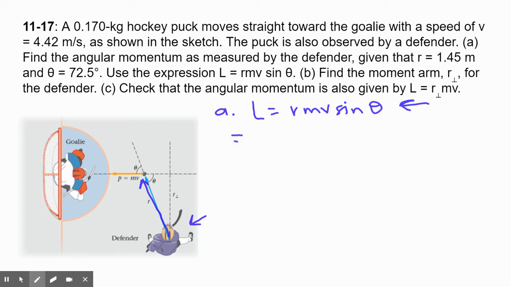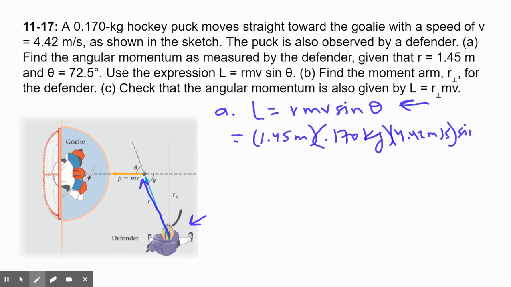Let's just plug in all the numbers. Our radius is 1.45 meters. The mass is 0.170 kilograms. And the velocity is 4.42 meters per second. So we were told all of that.